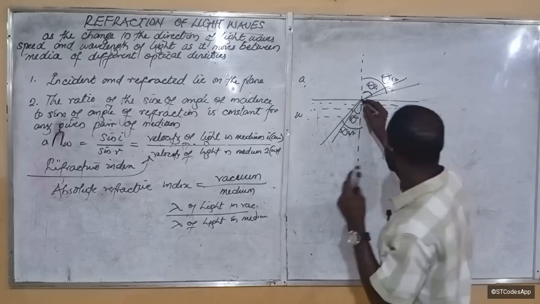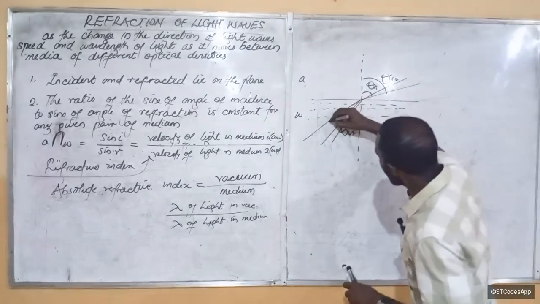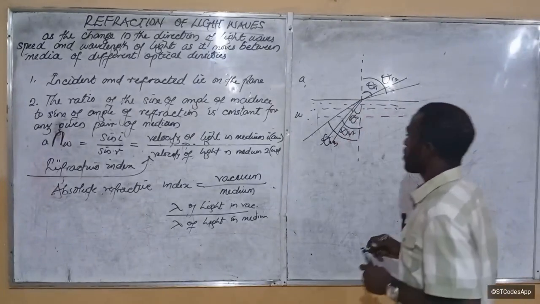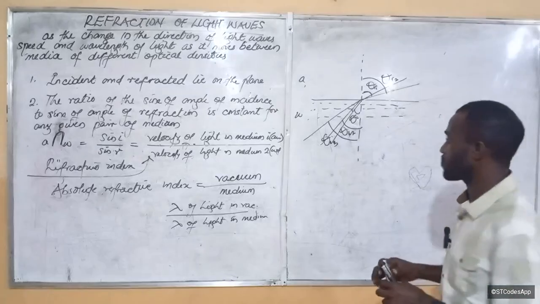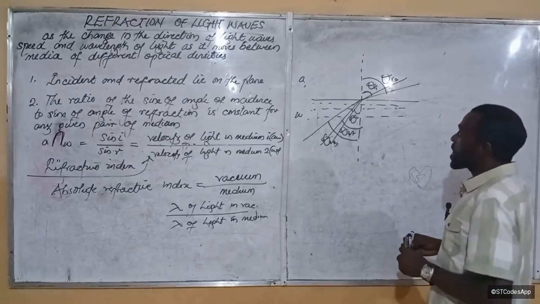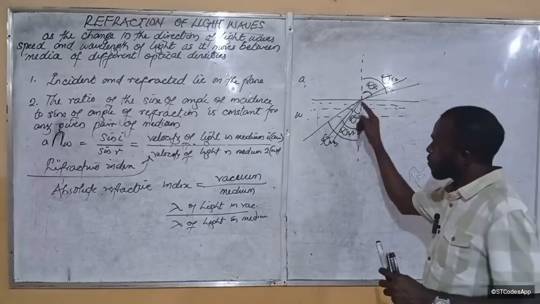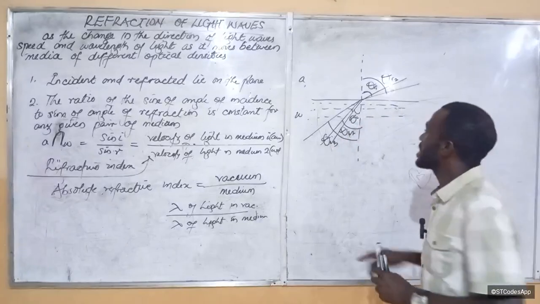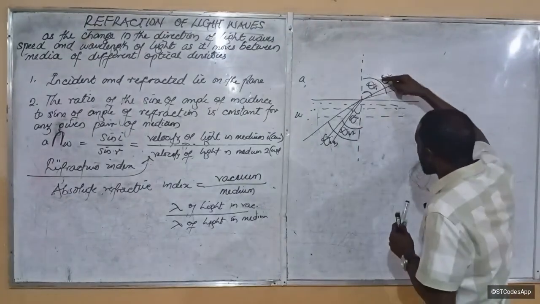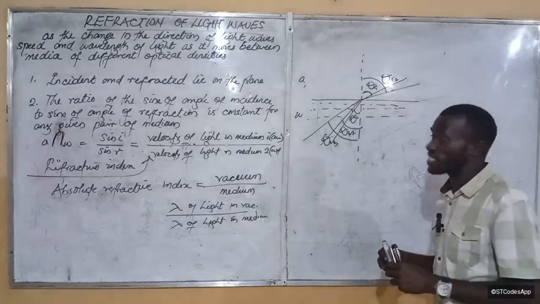What if I now increase this to a very large angle? Let's call this my new theta i3, my third angle of incidence. As I keep increasing, my angle of refraction will keep increasing more than my angle of incidence is increasing.